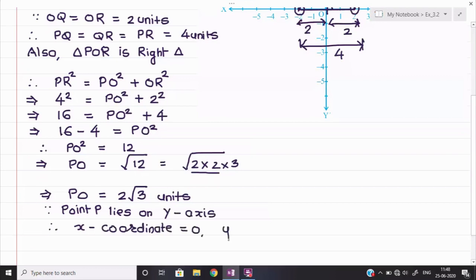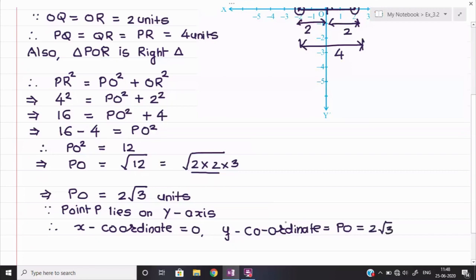And what about the y coordinate? The y coordinate will be equal to the length of PO, that is 2 under root of 3.